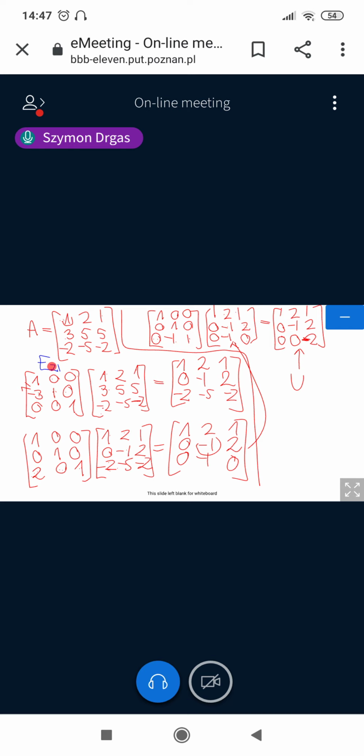We can call this matrix E21 because we want to eliminate the entry in the second row and the first column, and we multiply it by A. And this gives us E21 multiplied by A.